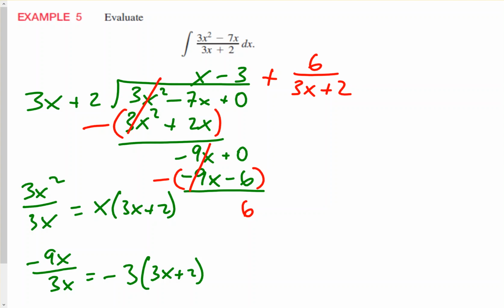So now this integral would become this quotient plus the remainder: x minus 3 plus 6 over 3x plus 2, dx. So we could easily integrate that.